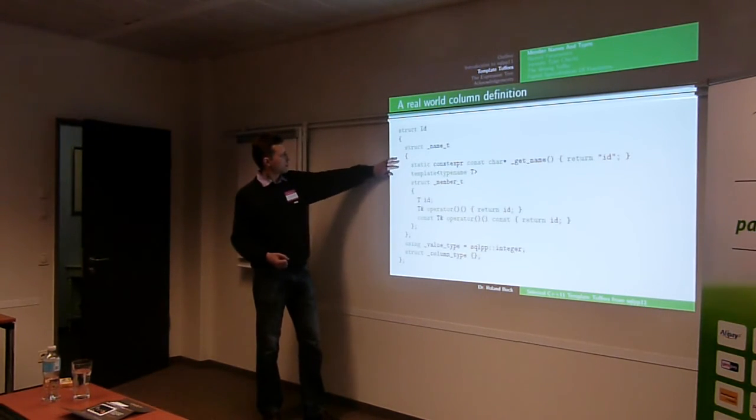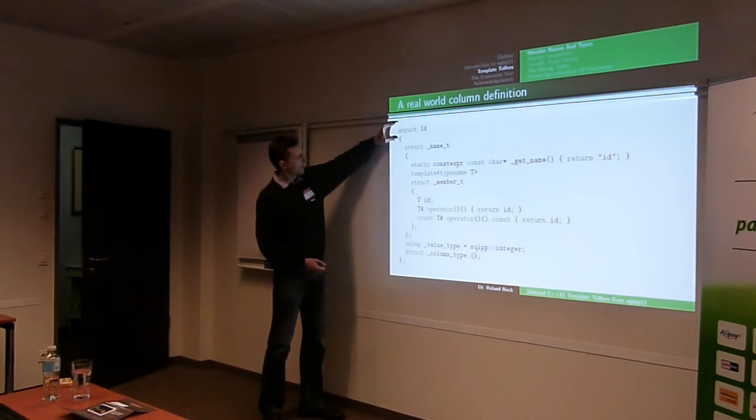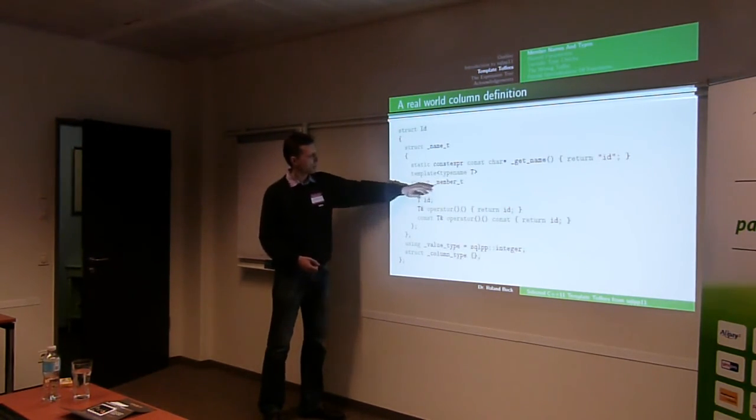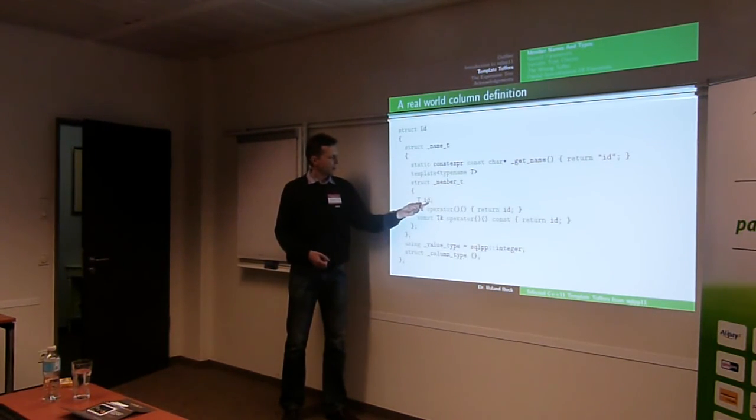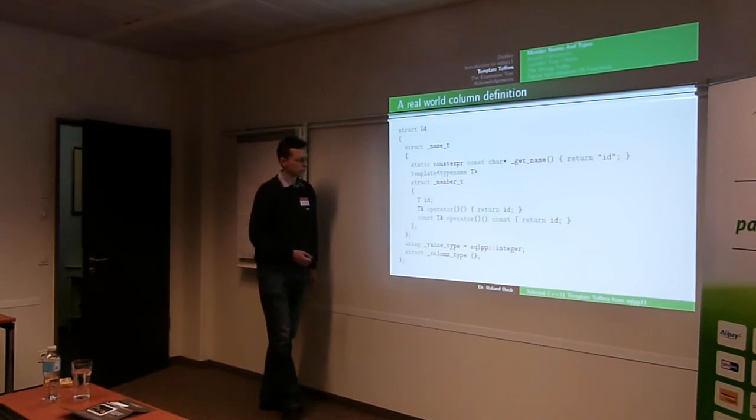Okay, but the important part for the next few slides is that the ID struct contains in some steps this member template, which has a member called ID, and we can assign any type to it. Okay?